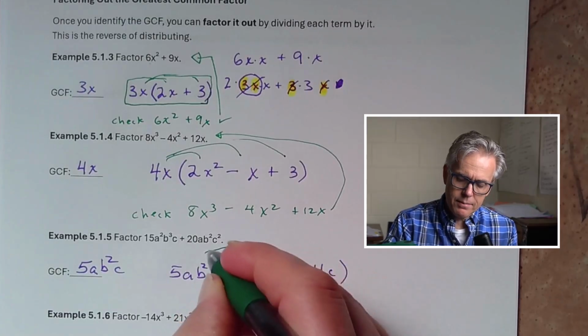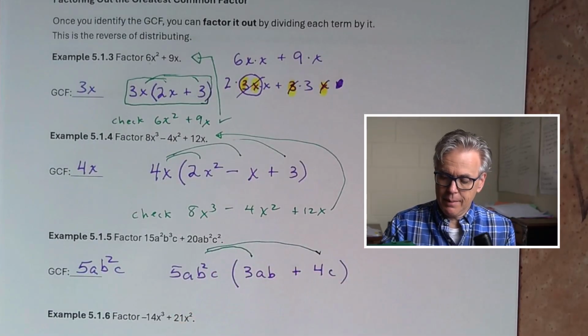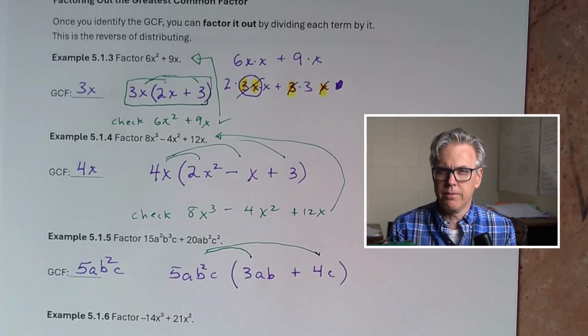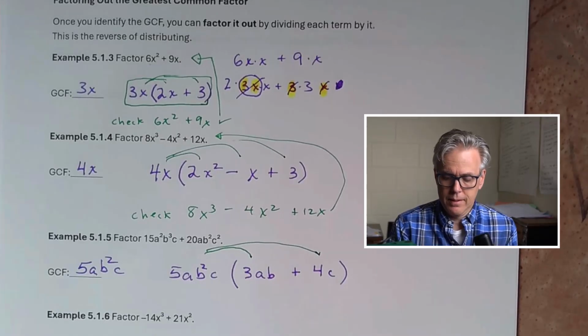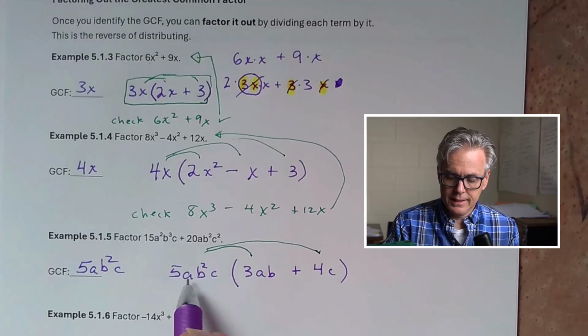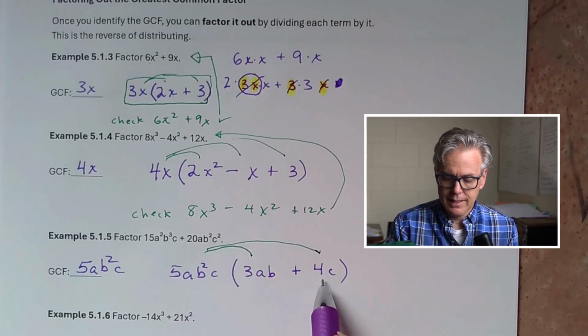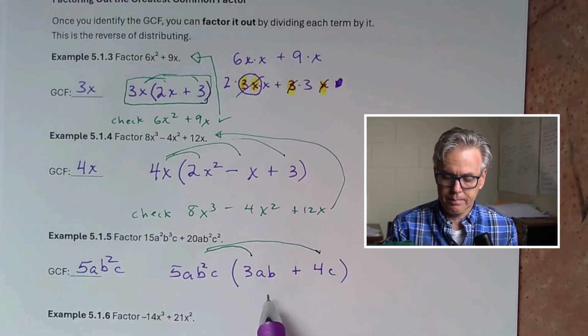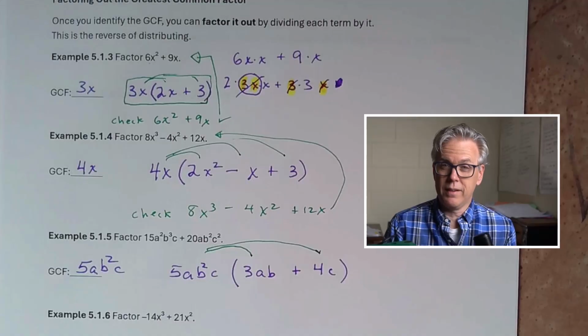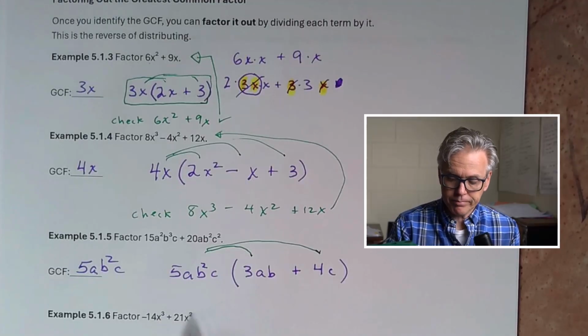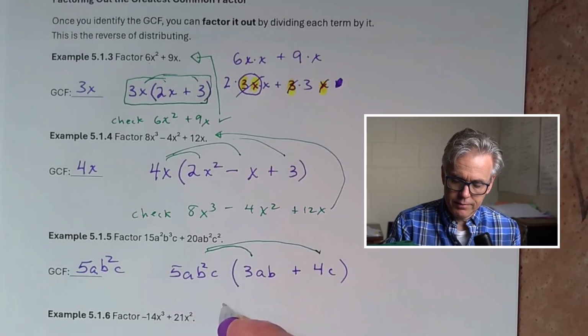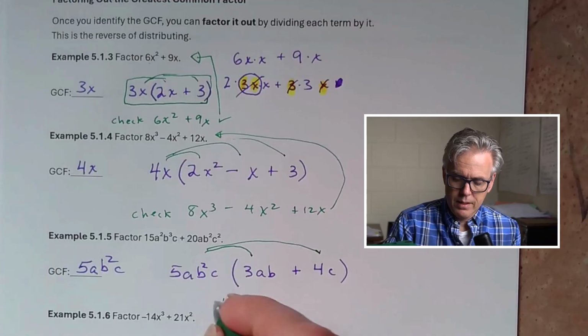We're going to check this by distributing back through. And I'll be honest, sometimes the checking really helps reinforce how we pull this apart. In the last unit, I'd give you something like this to get this. Now we're going the other way, which is a little bit harder. So 5 times 3 is 15. Let me use a different color.